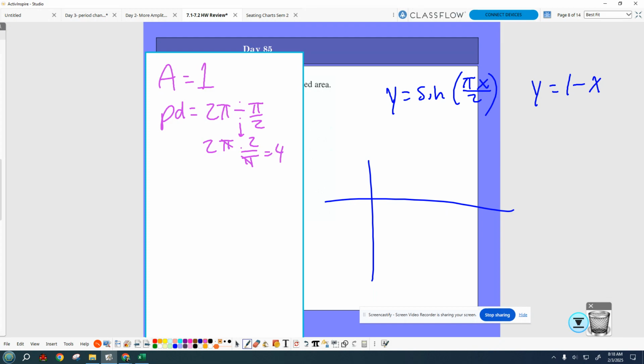Weird. Period is 4. And vertical shift and phase shift, no? So sine starts at 0, ends at 0, it's not reflected, so normally goes up, not reflected, so there we go.